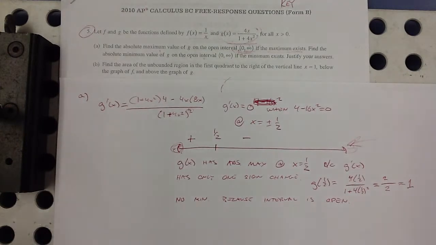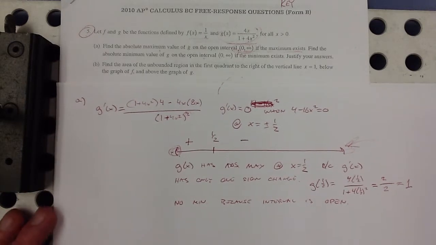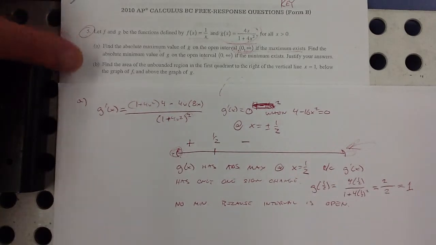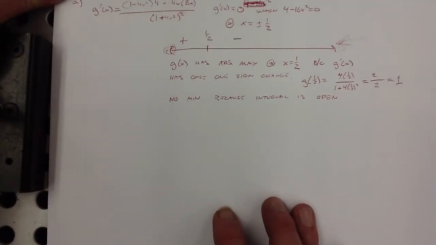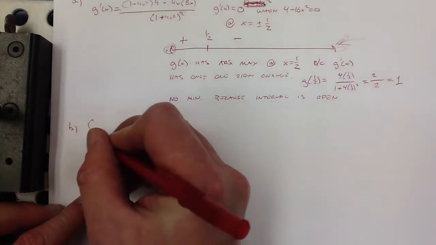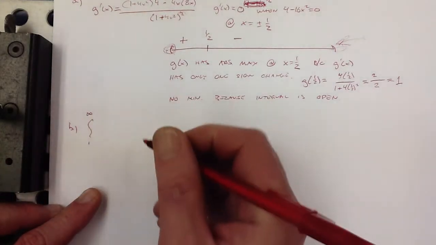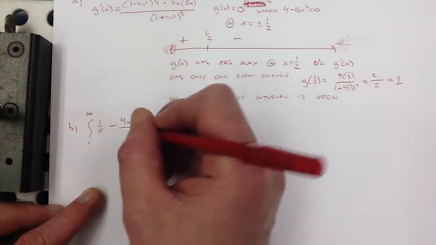Okay? Part B. Find the area of the unbounded region in the first quadrant to the right of the vertical line x equals 1, below the graph of f, and above the graph of g. So they're basically setting up an integral for us there. They want us to find the area from 1 to infinity of f of x minus g of x.